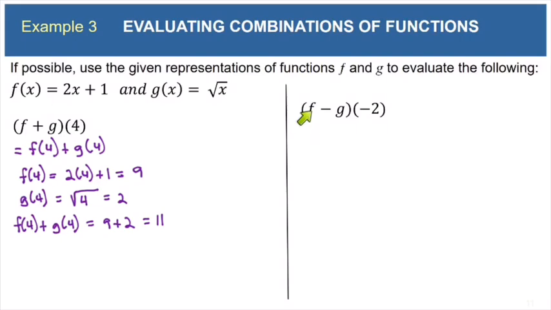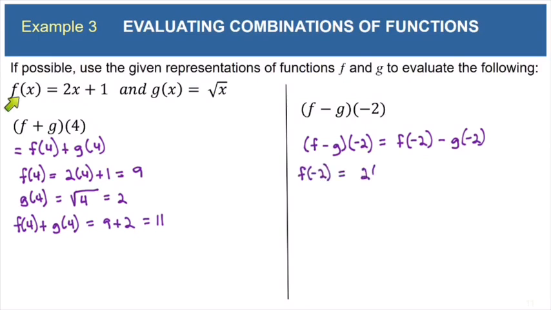On the second part, f minus g of -2 is f of -2 minus g of -2. So we'll find each of these by plugging -2 into each function. F of -2 is going to be 2 times -2 plus 1. That's -4 plus 1, that's -3.